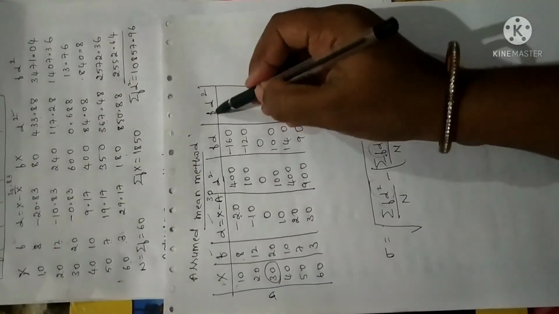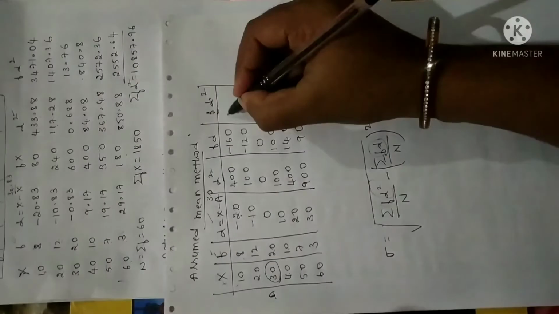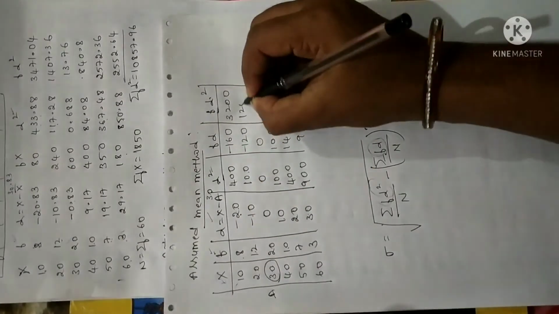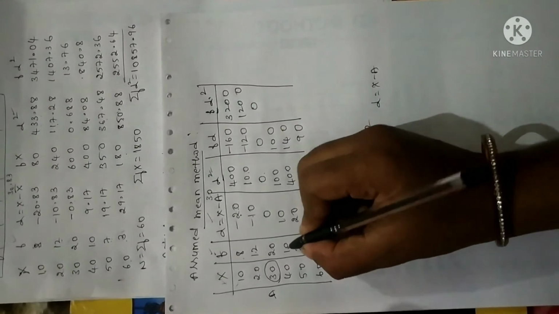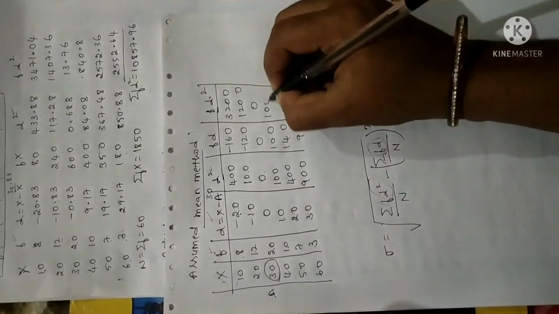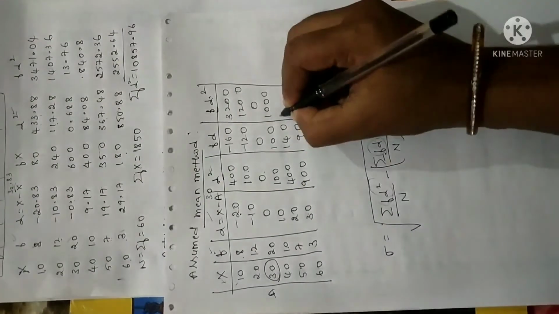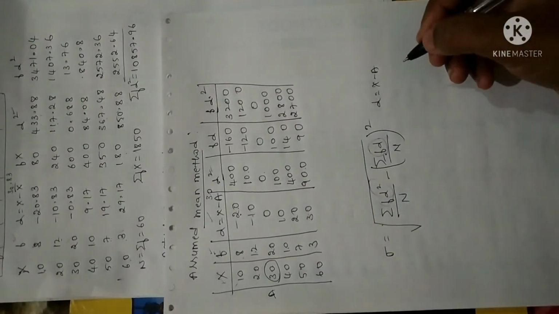Use calculator. F into D square. Multiply this with D square. 8 into 400, 3200. 12 into 100, 1200. 20 into 0, 0. Next, 10 into 100, it is 1000. Next, 7 into 400, it is 2800. Next, 3 into 900, 2700. So I have obtained FD square value.